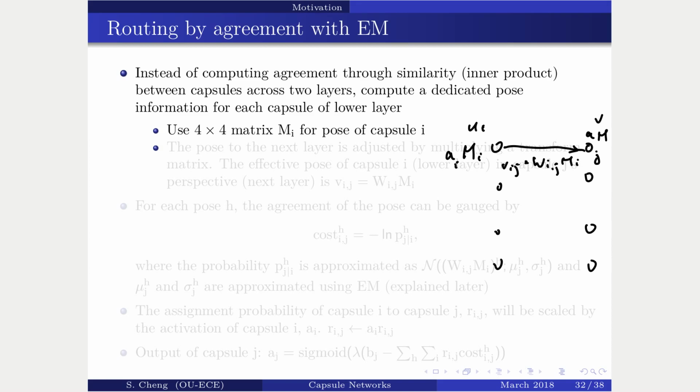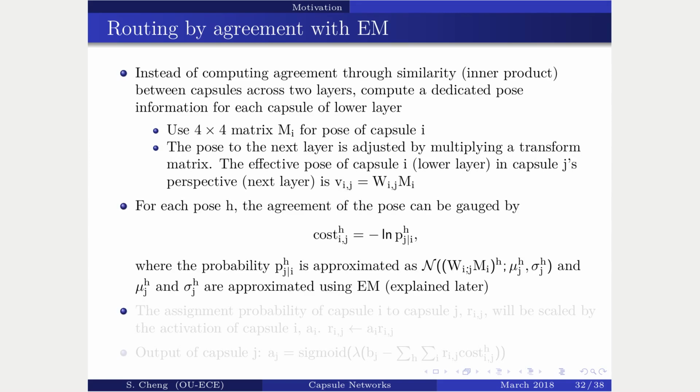And from this Vij, we determine whether the child capsule i actually agrees with the parent capsule j or not. More precisely, for a pose element h, the agreement is gauged by a cost function, cost_ij^h, that is from capsule i to capsule j.